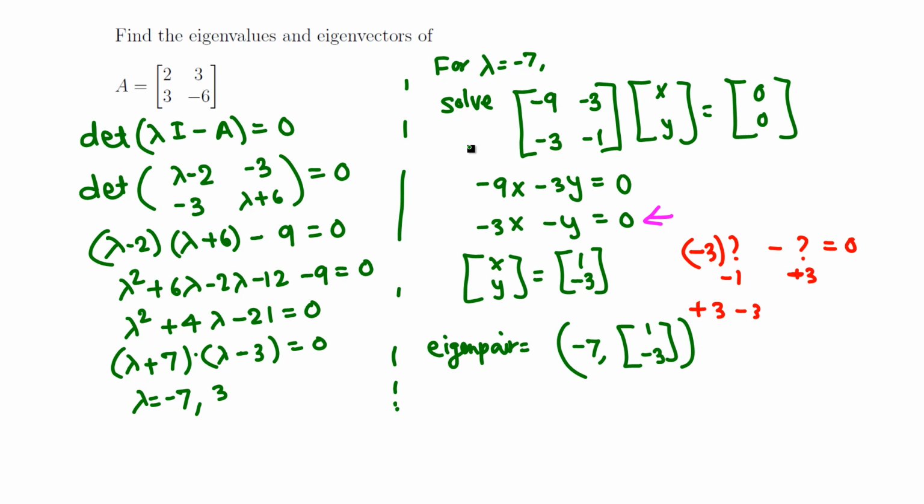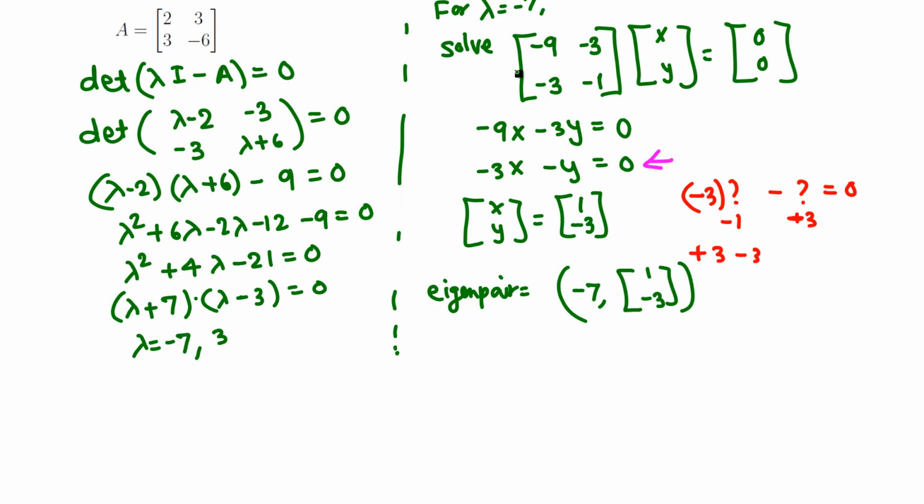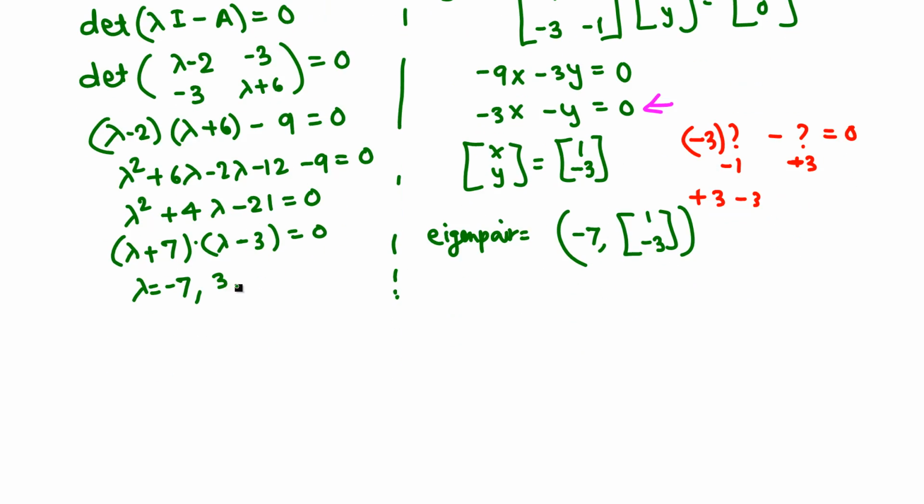Okay, now we need to do the same thing for the second eigenvalue, lambda equals 3. So for lambda equals 3, again we go back here and plug in the lambda value, and we make that equal 0.